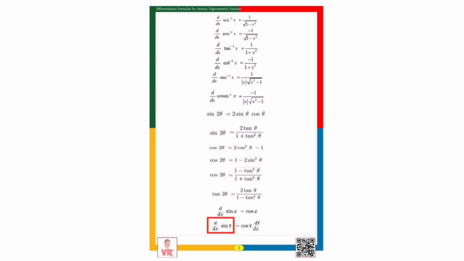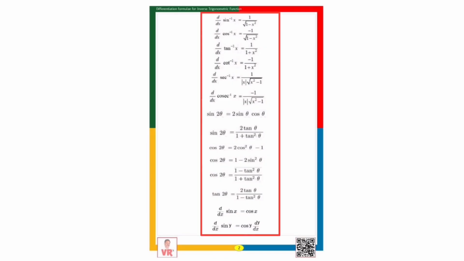In the above formula, d/dx of sin x only. Look at this: d/dx of sin x equals cos x, d/dx of sin y equals cos y dy by dx. This is enough to enjoy this chapter with great output.